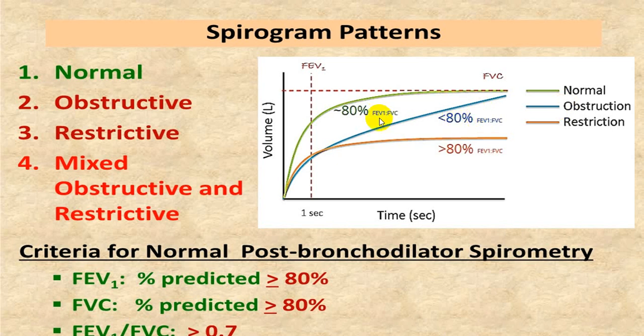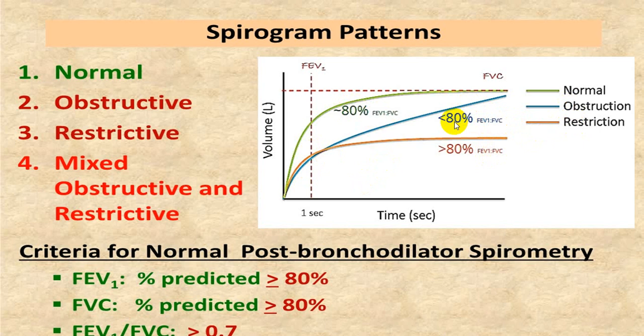We usually use 80 as a figure, so 80 for FEV1 and FVC is normal. If it is less than 80, it goes in favor of obstructive or restrictive. That is, FEV1 or FVC diminished is either obstructive or restrictive. If the ratio of FEV1 to FVC is more than 80, restrictive.